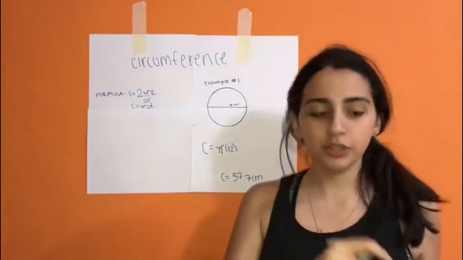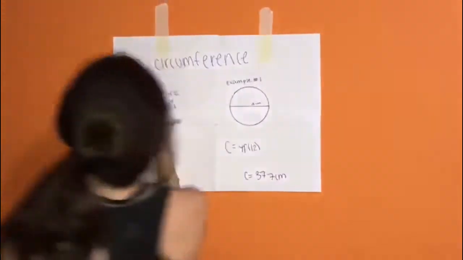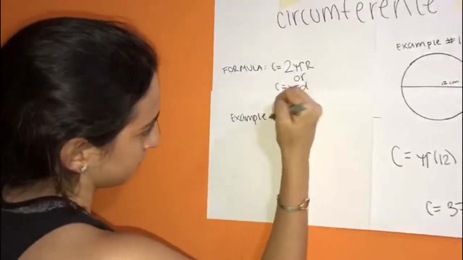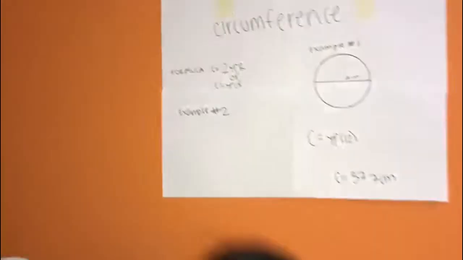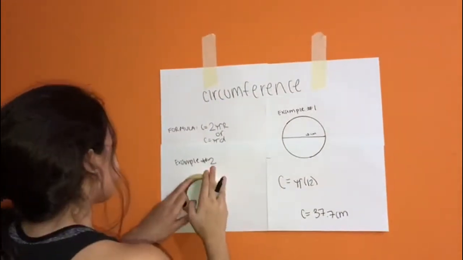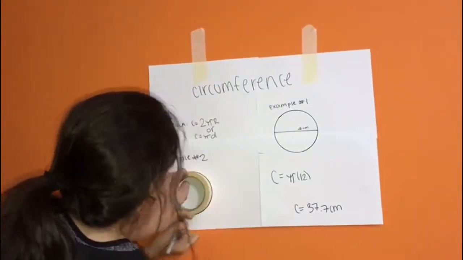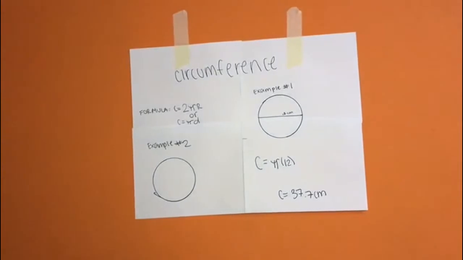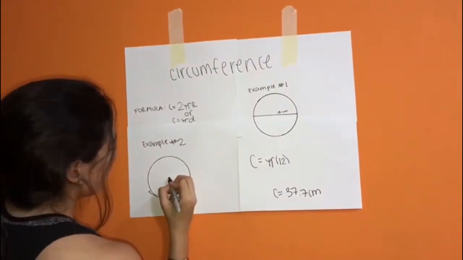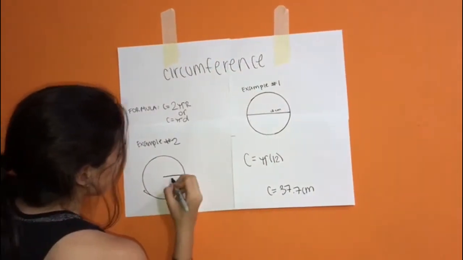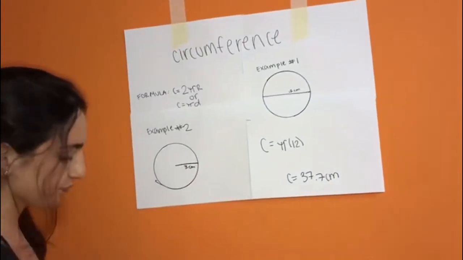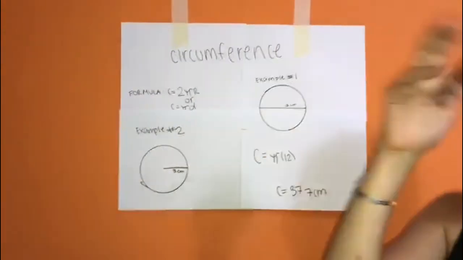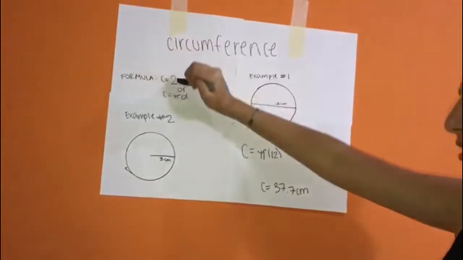Okay, so then I'm going to do example number 2. I'm going to draw a circle here. Sorry for the circle. So let's say they give us a radius of 3 centimeters. In this example, we're going to use the first formula, which is 2 times pi times the radius.